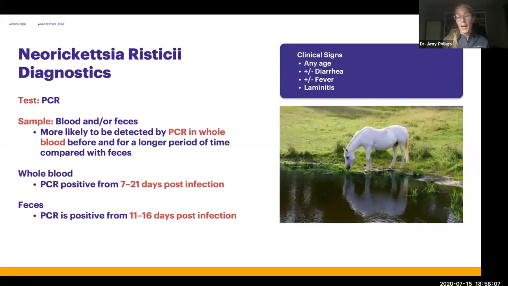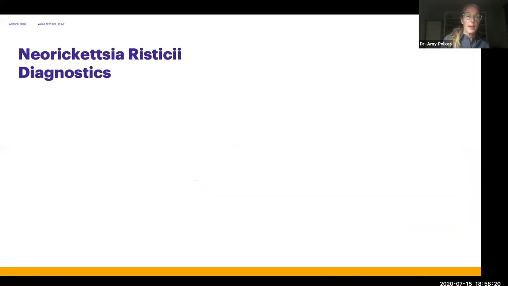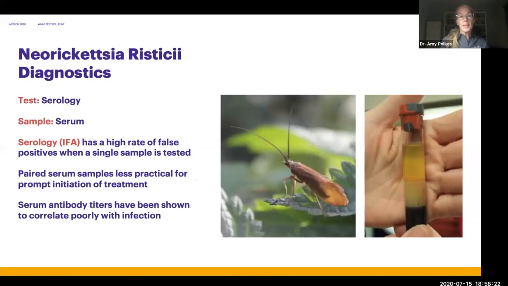So in our panels, every time we are doing the diagnostic testing, we do recommend that you send in whole blood and feces, and we run both because you're not sure where you are in that disease process. Serology really has a very high rate of false positives when you get a single sample, and you need that paired serum sample.